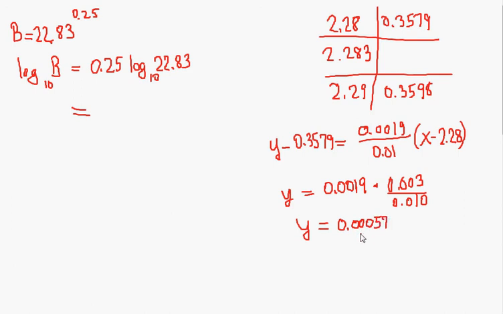And clearly I only have things accurate to 4 decimal places, so we have that. And of course I need the other 0.3579 that this gets added to. So adding that to 0.3579 gives me 0.35.